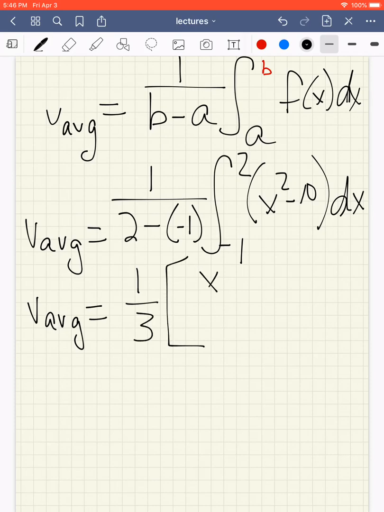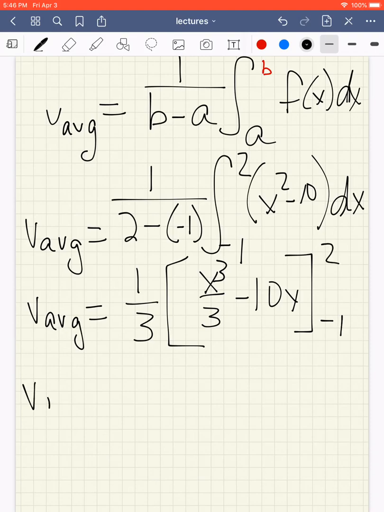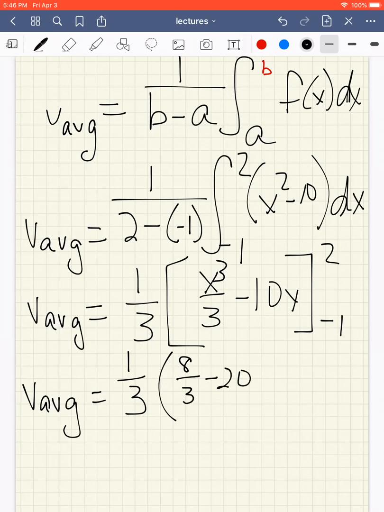And now we'll integrate this. So that will be x cubed over 3 minus 10x, and we evaluate that from -1 to 2. So that will be 1/3 times, plug in 2, that would be 8/3 minus 20, and then plug in -1, so that'll be minus 1/3 plus 10.